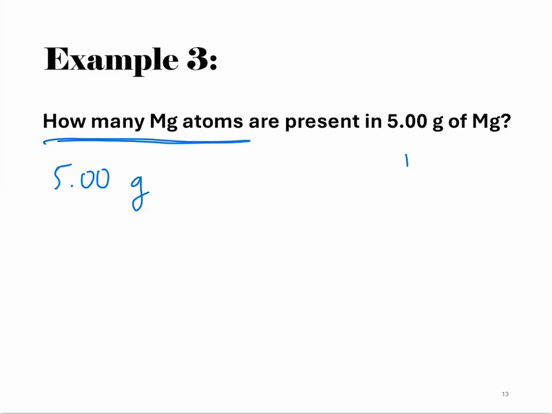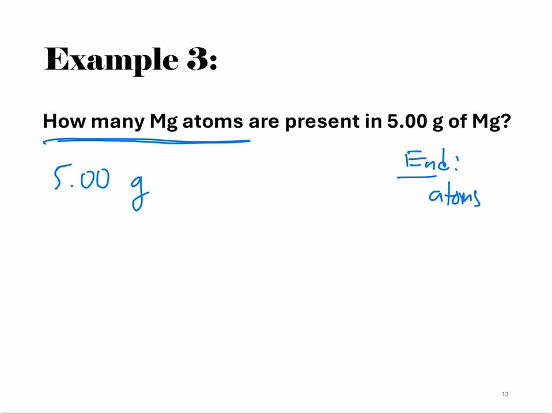And what do we want to end with? Atoms, right? The number of atoms. And what conversions do you think we need to do to get there? Do we have something that goes directly from grams to number of things? Avogadro's number gives us the relationship between number of things and what?